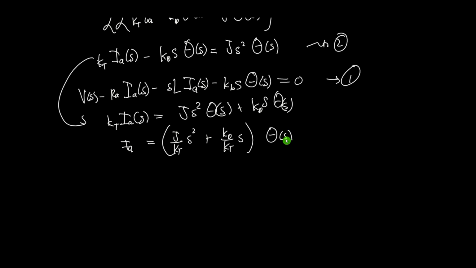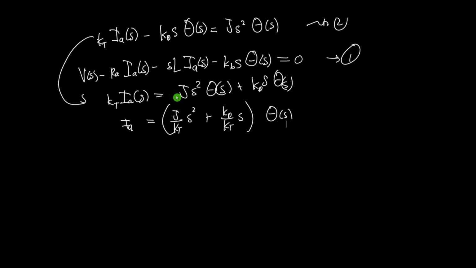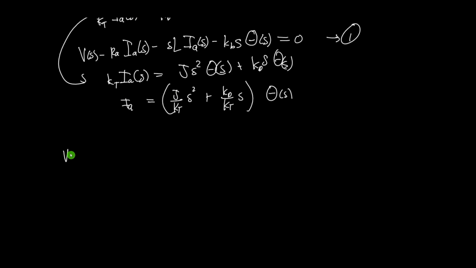So this will be our I_a, and we will substitute this into equation 1. From equation 1, we can also factor out this I_a here. So we have R_a and sL. So this will be V of s equals, we factor out that I_a, sL plus R_a.